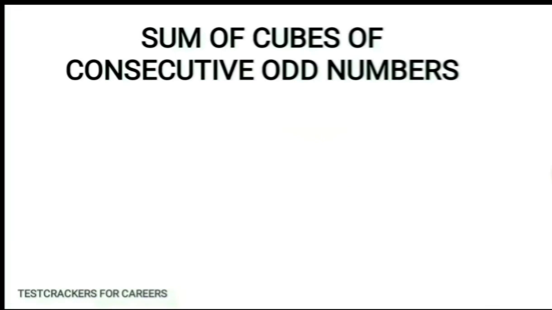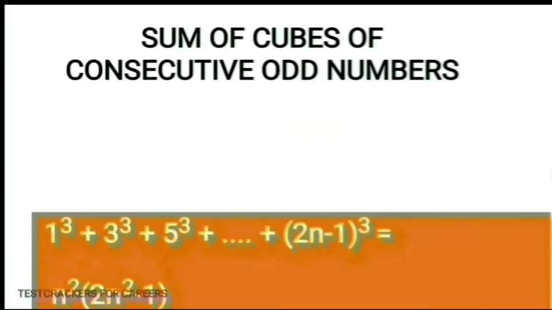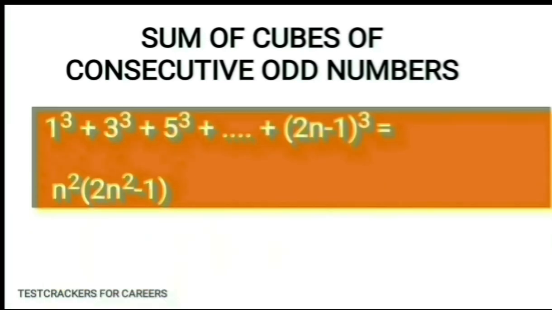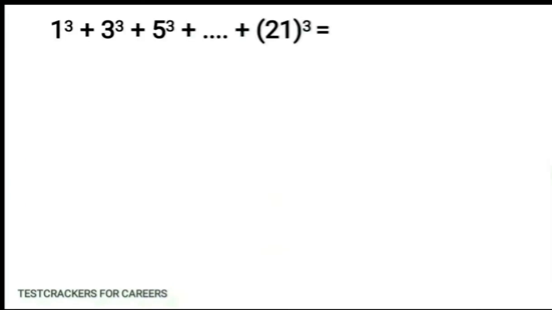Now let's see the formula for finding the sum of the cubes of consecutive odd numbers. The sum of the series is given by n squared into 2n squared minus 1. Let's see an example. Let's find the sum of the given series 1 cube plus 3 cube plus 5 cube plus etc. till 21 cube.